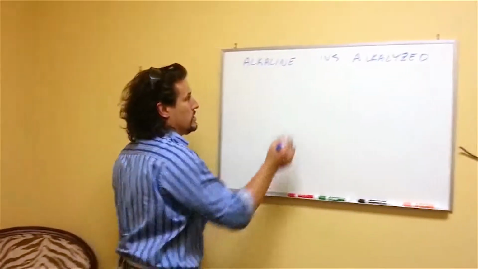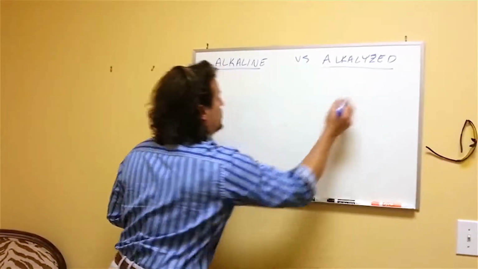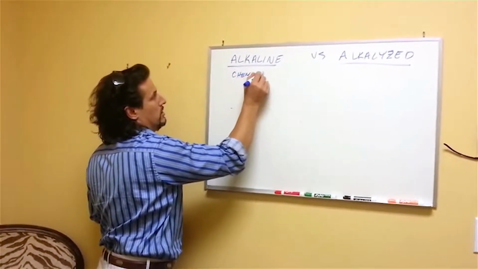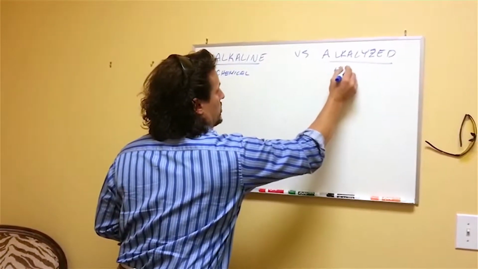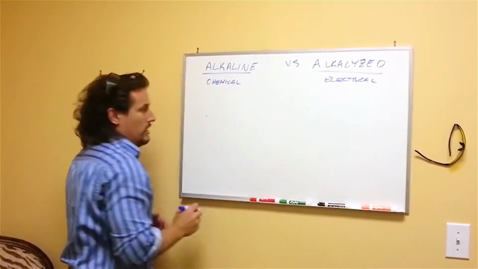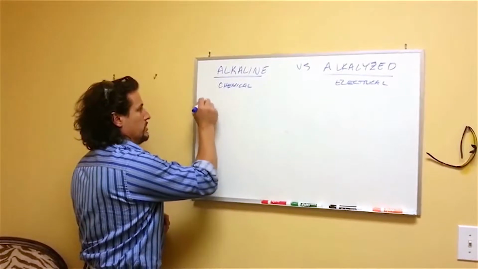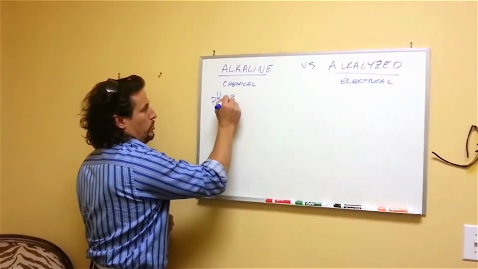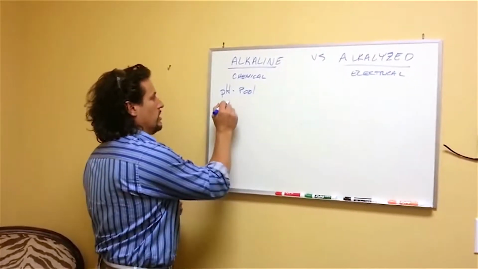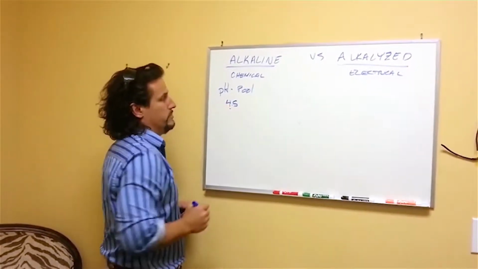The short answer for this question is this is a chemical change, this is an electrical change. If you were to use your pH strips, like for a pool, and they test the chemicals and the water comes out at, say, 4.5.